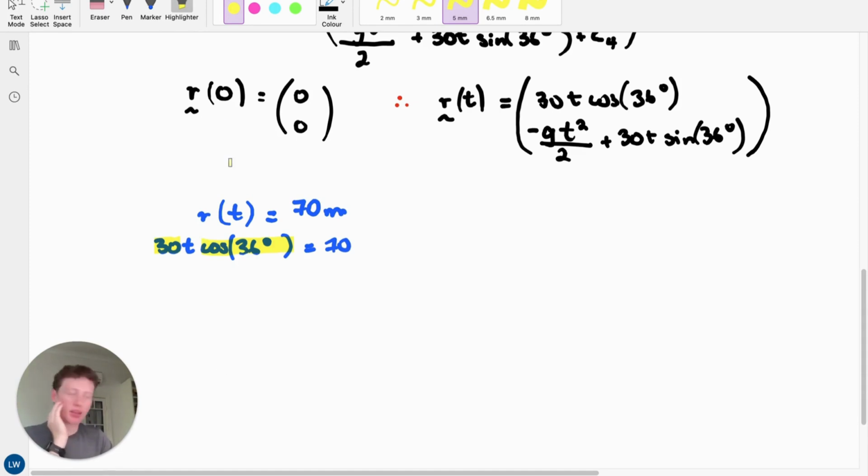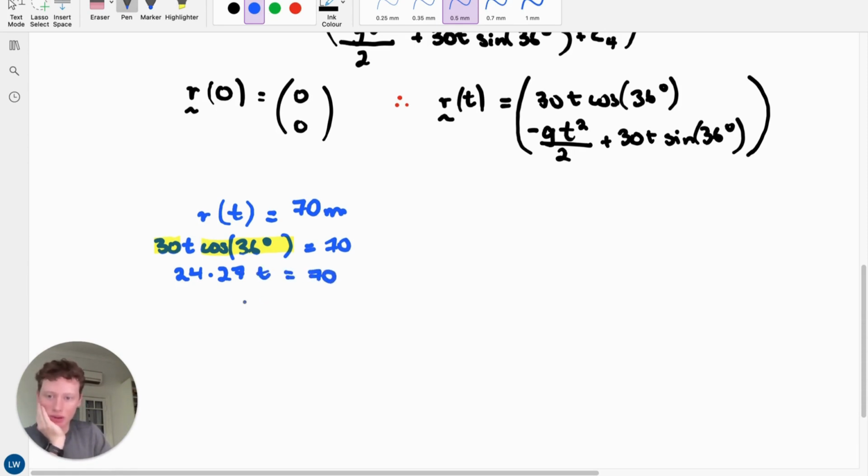If I do that in my calculator, that's roughly 24.27. So 24.27t equals 70, and now this is just a simple equation. t is 70 divided by 24.27, which is about 2.88 seconds.